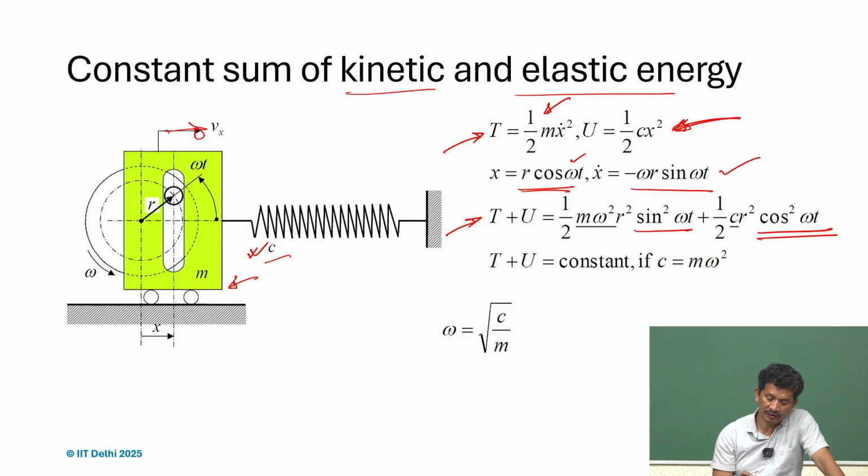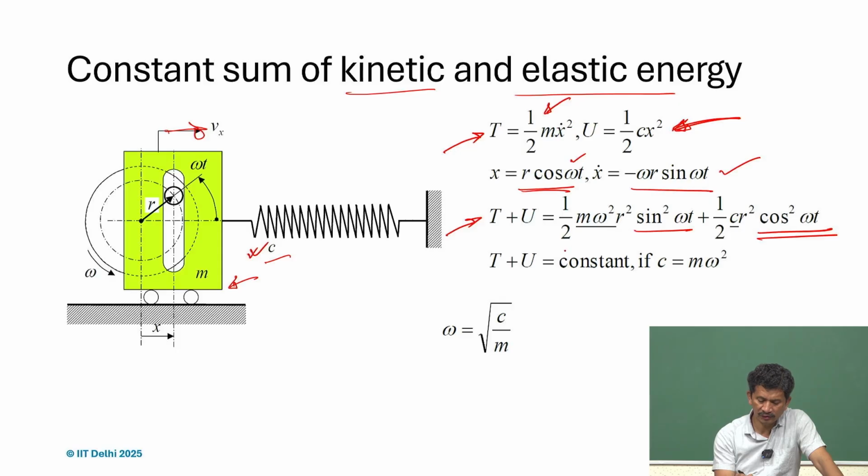Again we have the sin square and cos square terms coming, and if we can get the coefficients the same, then we can take everything out and we are left with sin square omega t plus cos square omega t, which is equal to 1.